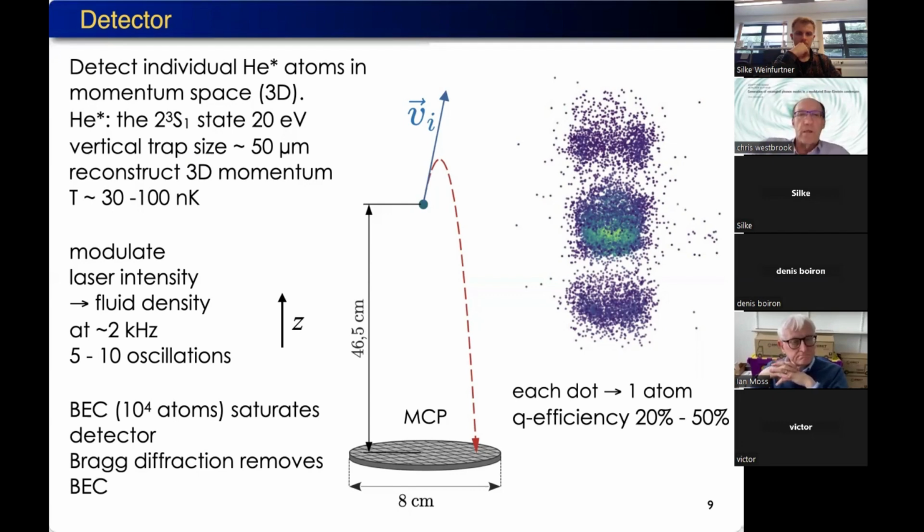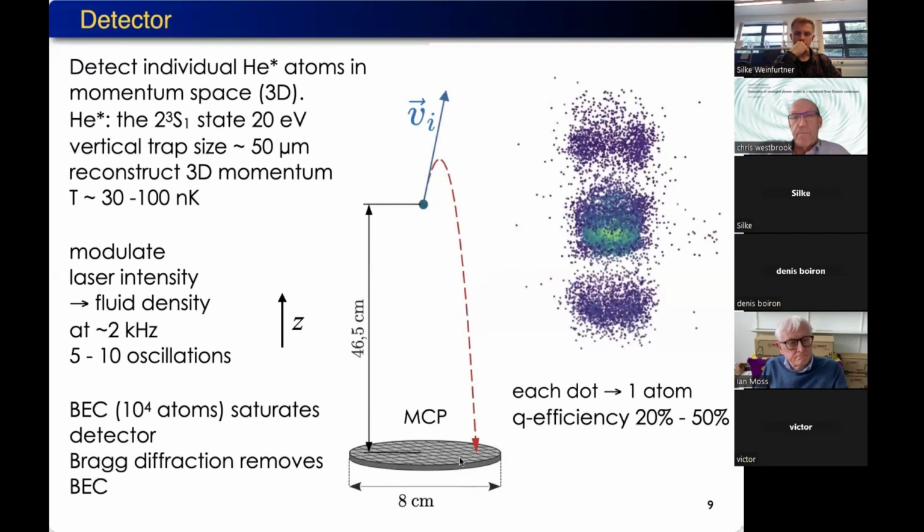And in this way, when we release the atoms, they're in this small trap here, they fall down onto the detector, and a fancy anode behind the detector allows us to detect the arrival time as well as the transverse positions of the atoms.